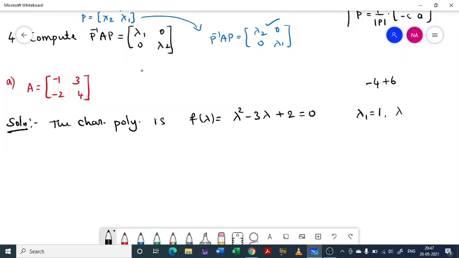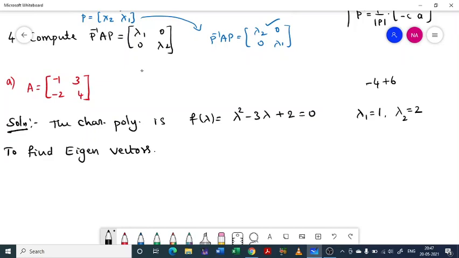So I will take lambda 1 equal to 1 and lambda 2 equal to 2. To find eigenvectors, first, again I don't write case 1, case 2, all. I will directly find it.